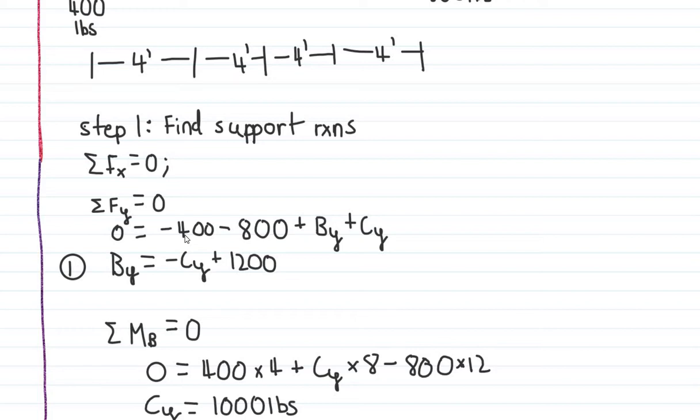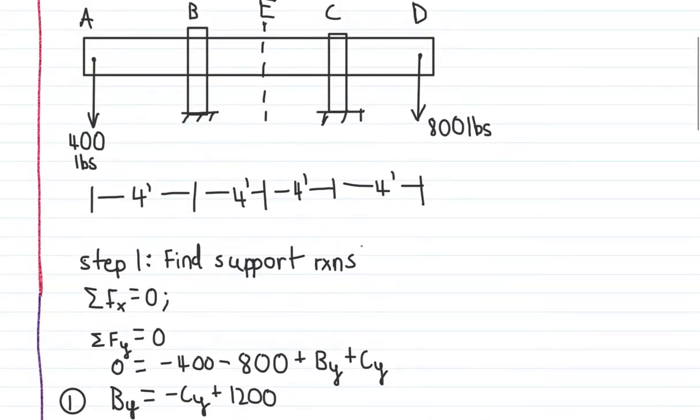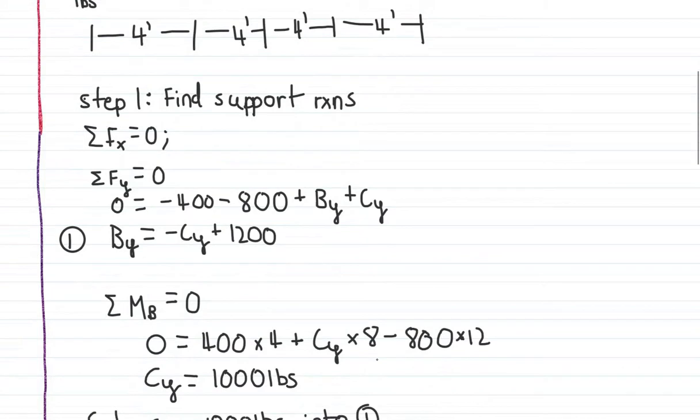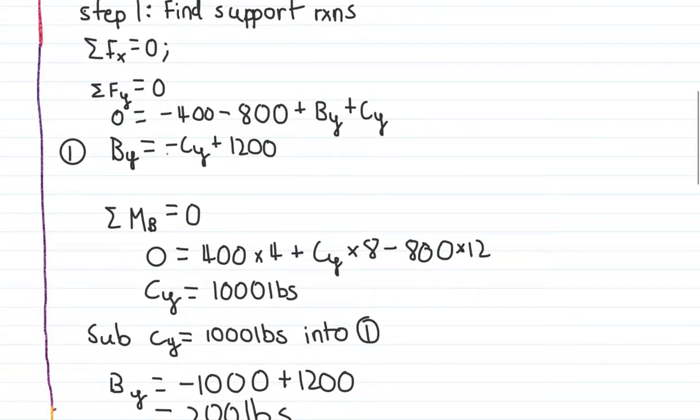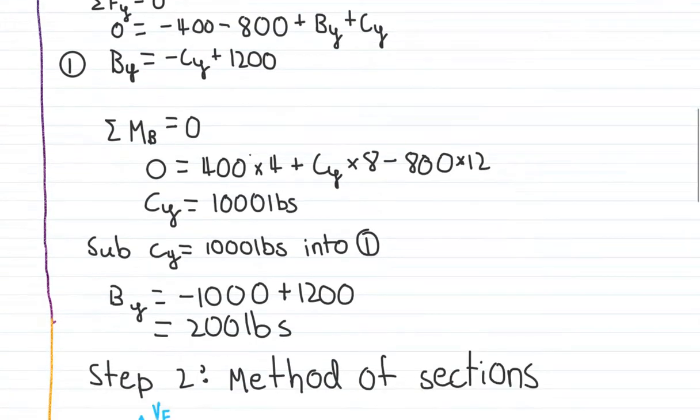Next, the sum of Fy equals 0. 0 is equal to negative 400 pounds, the force at A, and negative 800 pounds, the force at D, plus the vertical force at B, plus the vertical force at C. By is equal to negative the vertical force of Cy plus 1200 pounds.